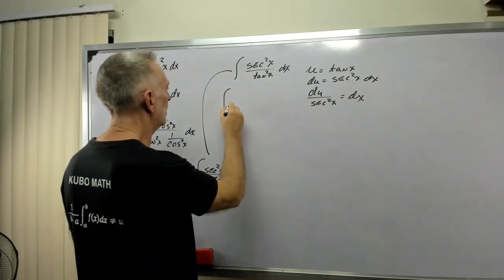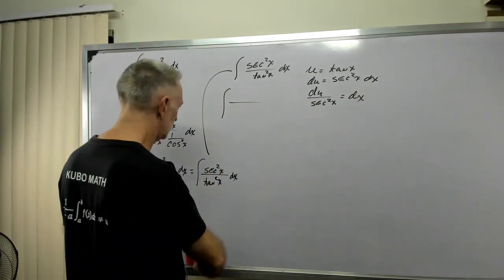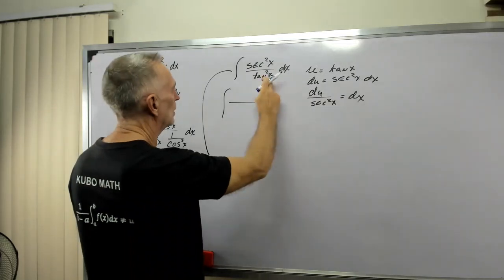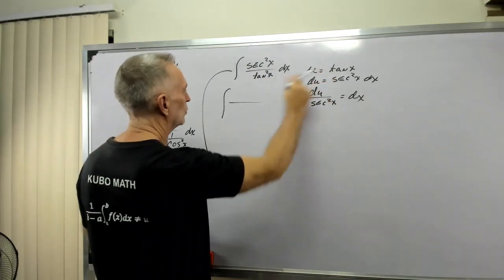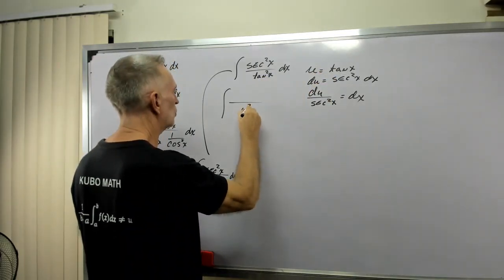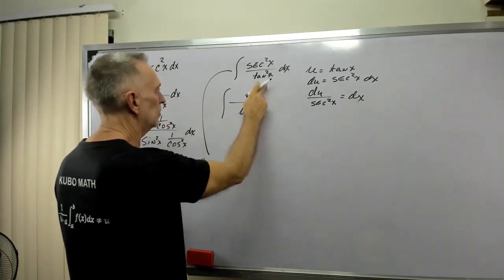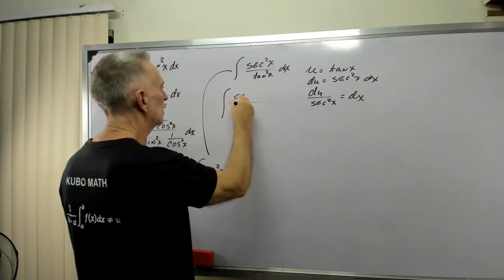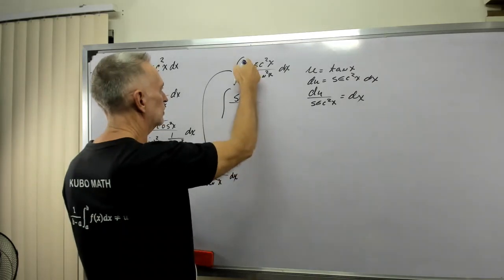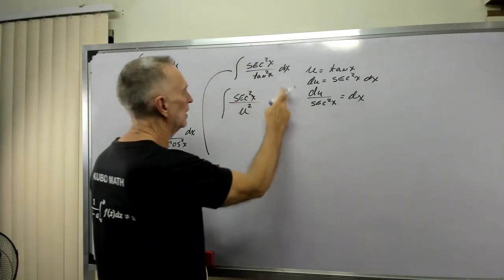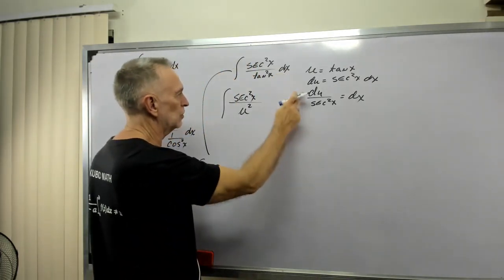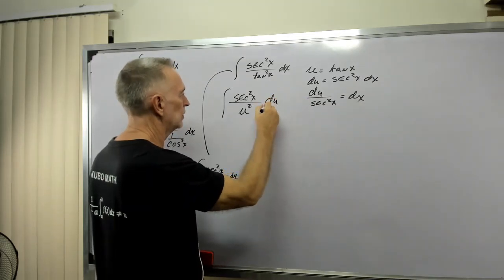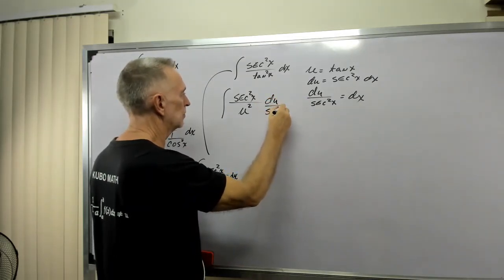Okay, now let's plug some of this in. So now we have the integral. Tangent was u, so I have u squared in the denominator. Secant squared x, I still have from here. And then I'm replacing dx with du over secant squared x.